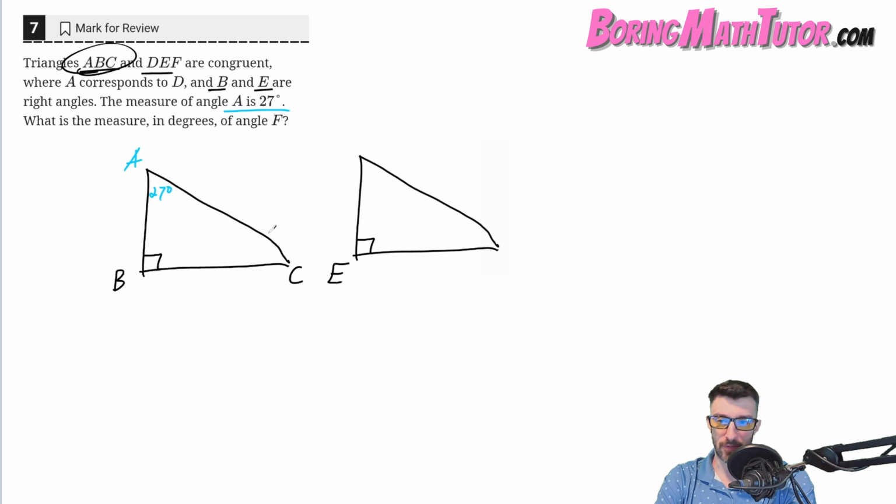So now I can finally fill out ABC, and the other one's DEF. So that means that D is going to have to be 27 as well, by the way. And they're asking for angle F. Well, okay, I just got to do 90 minus 27, which is 63. So that's your answer right there.